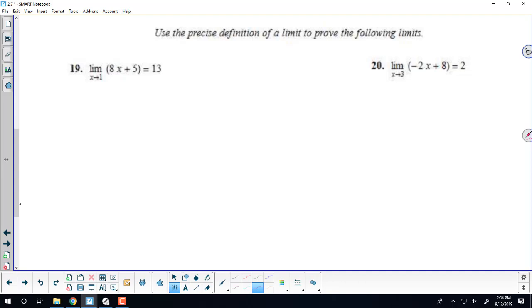Again, a question like this wouldn't be on the exam, but given the limit statement, the limit as x approaches 1 of 8x plus 5 equals 13, let's identify what's a, what's f of x, and what's L.